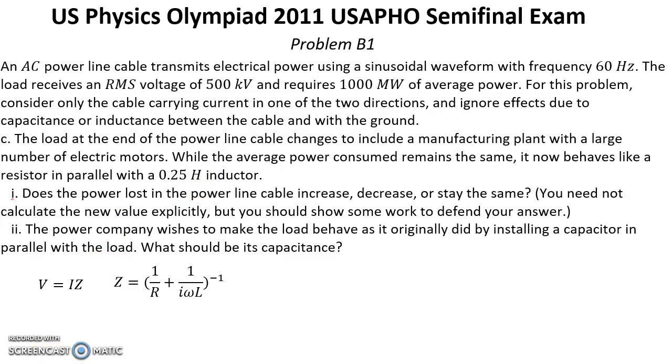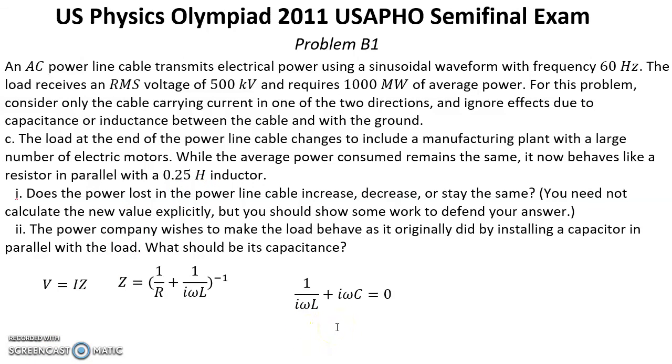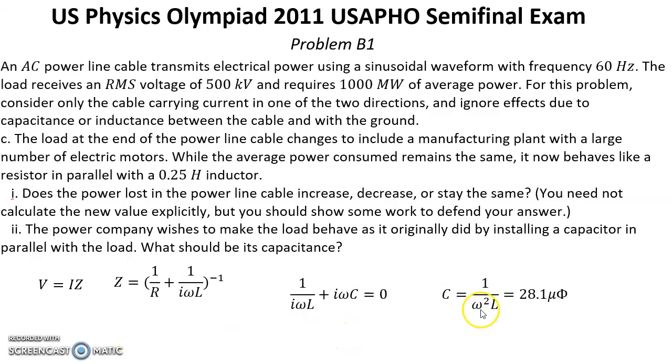That will be this expression. From here we can find that the capacitance must be equal to this expression, or in terms of numbers that will be 28.1 microfarad. So that's the final answer for problem B1.